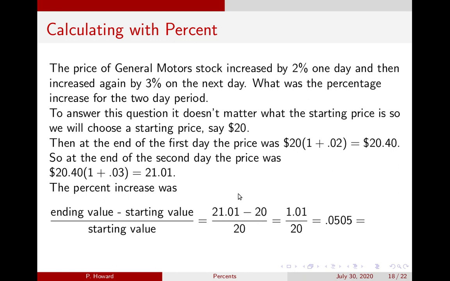That's in the numerator of the fraction, and then we're dividing that by the starting value. 1.01, after we do the subtraction, divided by 20 is 0.0505, which in percent form is 5.05%.